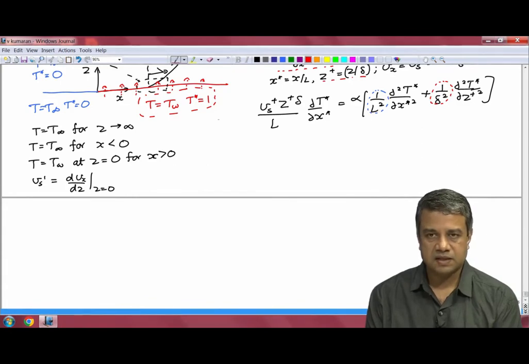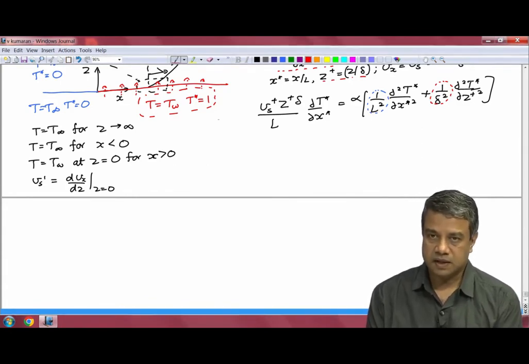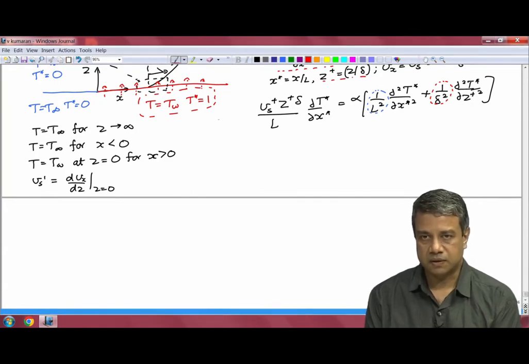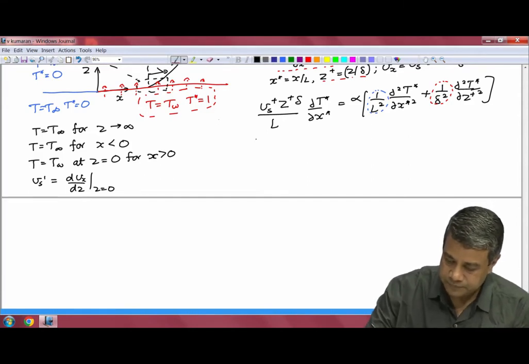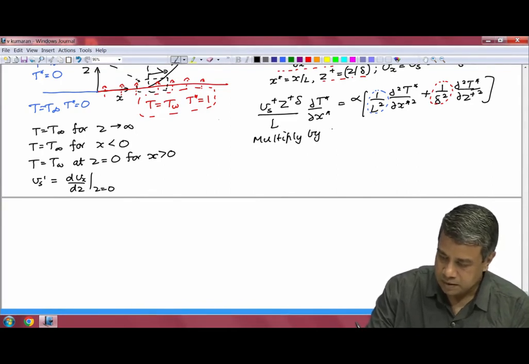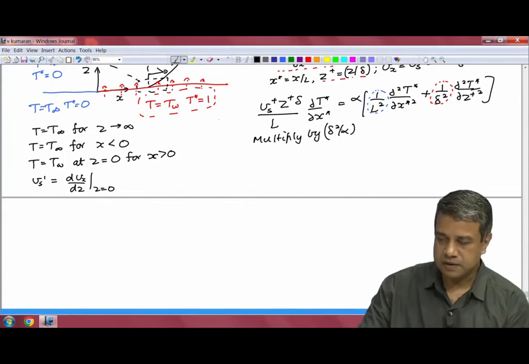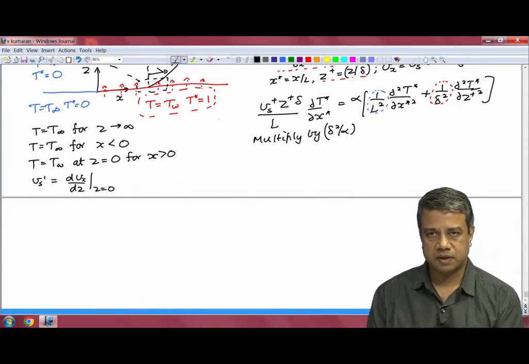We know that delta is thin compared to the characteristic length scale L. So, 1 over delta square is much larger than 1 over L square. So, if I multiply by delta square by alpha, so that the coefficient of the cross stream diffusion term is 1.